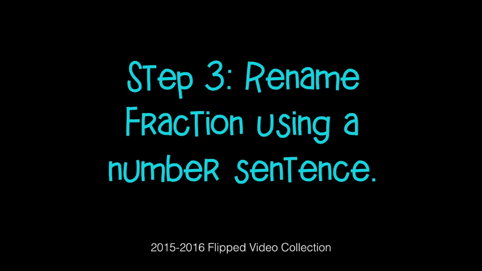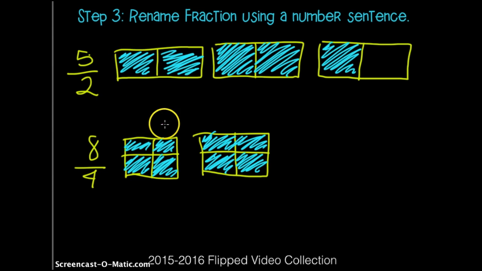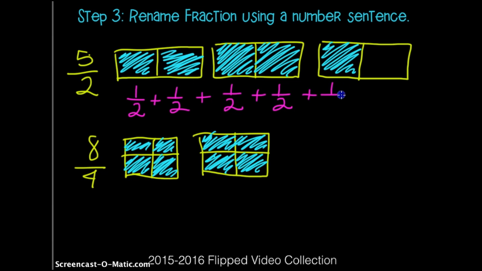Next step is to rename the fraction using a number sentence. So I'm going to take the model and create a fraction number sentence. So this is 1/2 plus 1/2 plus 1/2 plus 1/2 plus 1/2.